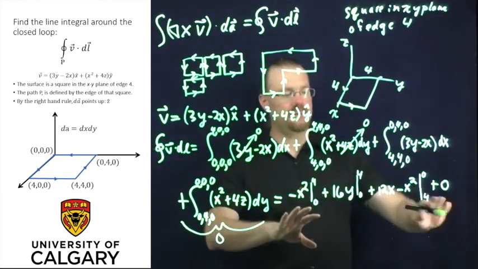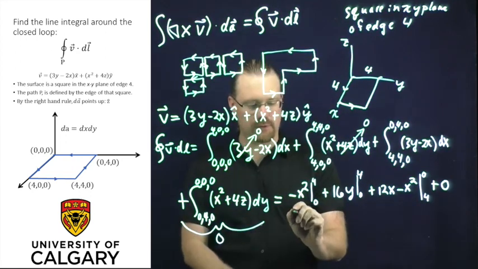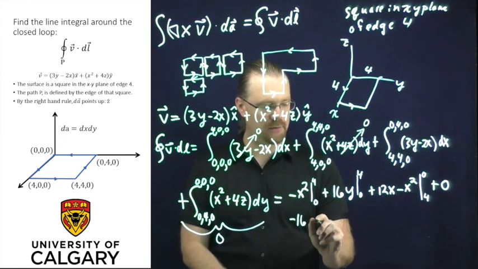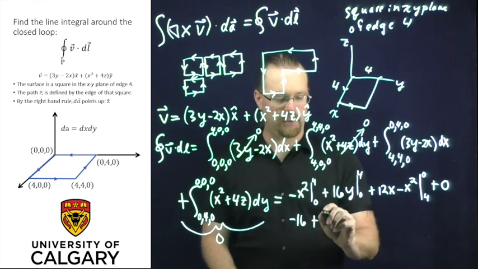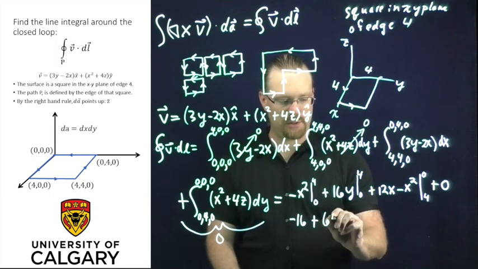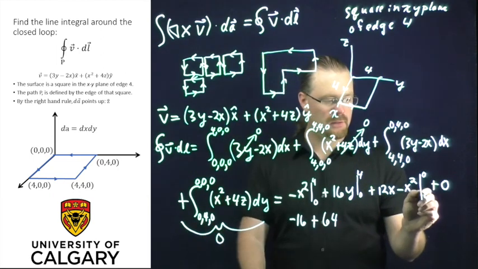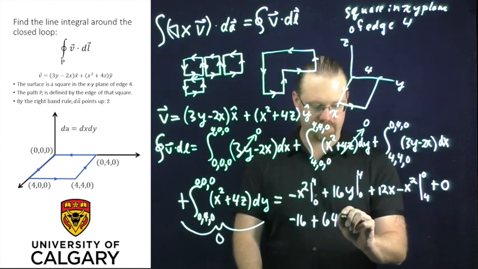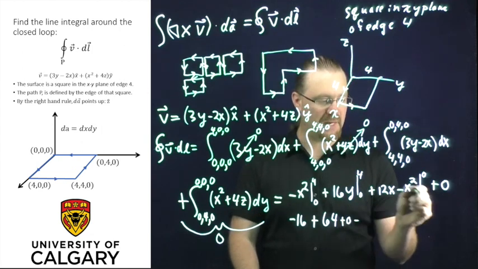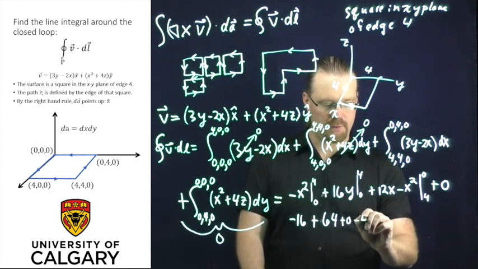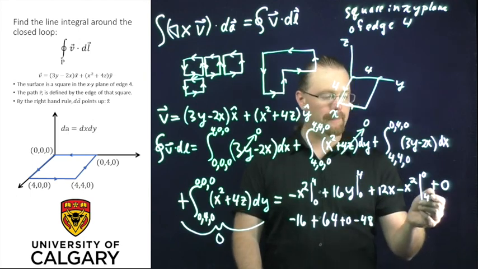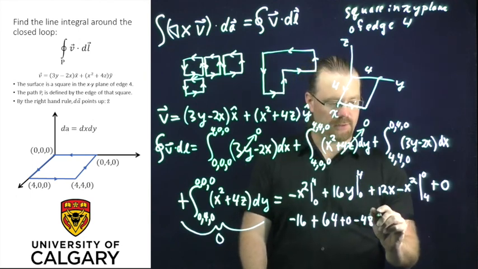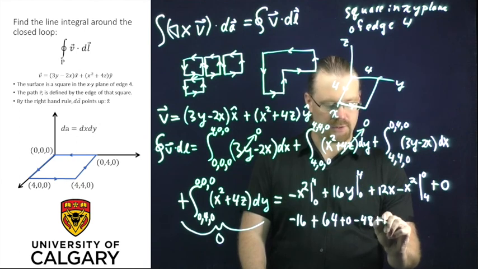As we plug all of these things in, this becomes minus 16 plus 64, 0, minus 48, minus negative 16, becomes plus 16.